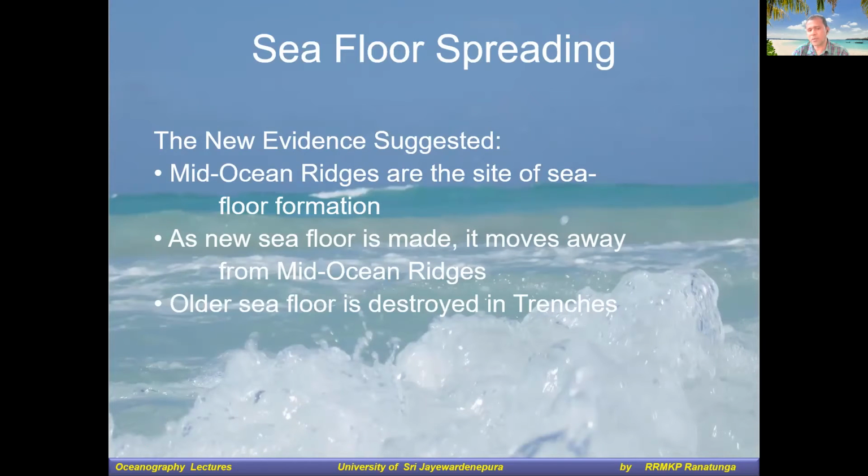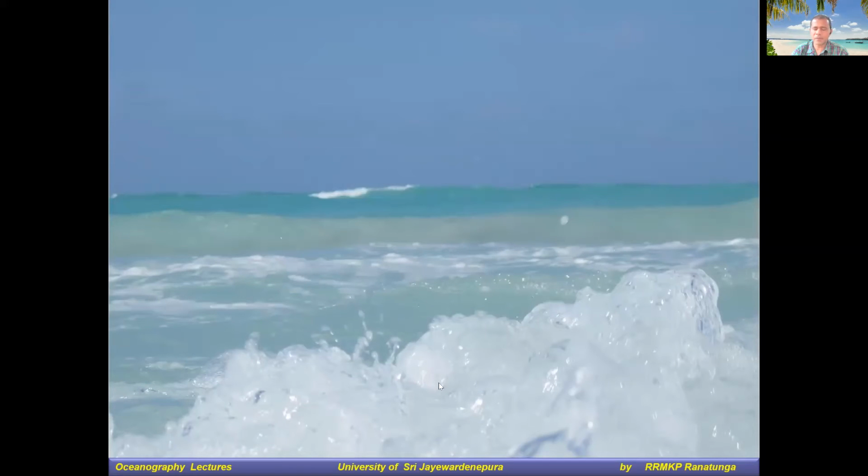They will consume the older ocean floor, and in the mid-ocean ridges, new sea bottom will be formed, right? So likewise, gradually the ocean floor is also recycling, so just keep that in mind, right?